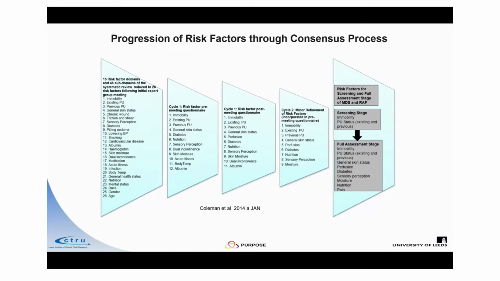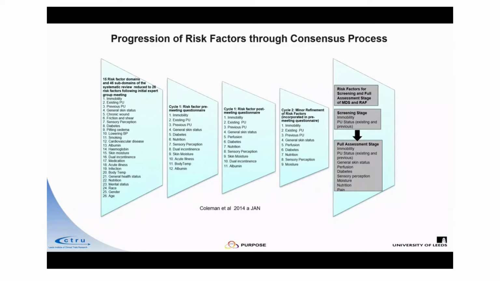So immobility and skin status were the 2 key factors considered important by the group as part of the process. And then the other areas included perfusion, diabetes, sensory perception. Obviously, diabetes affects both perfusion and sensory perception, moisture, nutrition, and we added in pain.